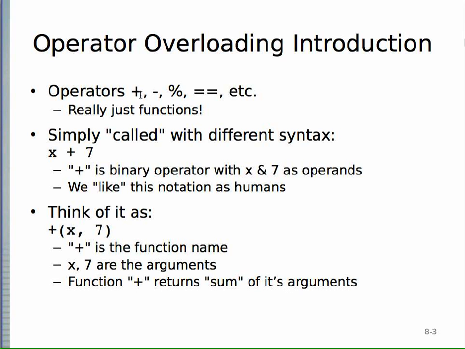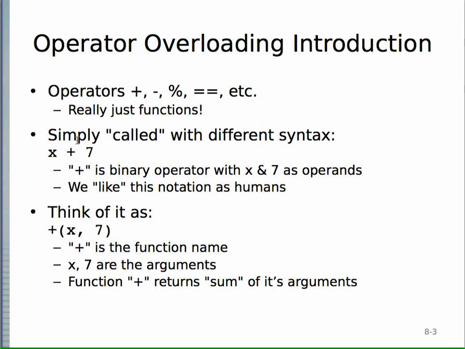In C++ we can. It's called like a regular function is called, except it's got a different syntax. So if you're adding x and 7, for example, it's like saying plus is the name of the function, with two operands, that is the first operand is x and the second operand is 7. So plus is really just a function. It happens to be a binary operator with x and 7 as operands.